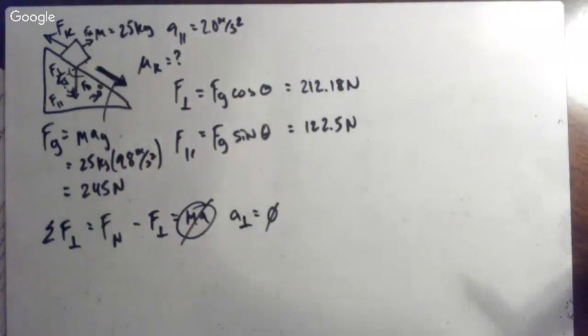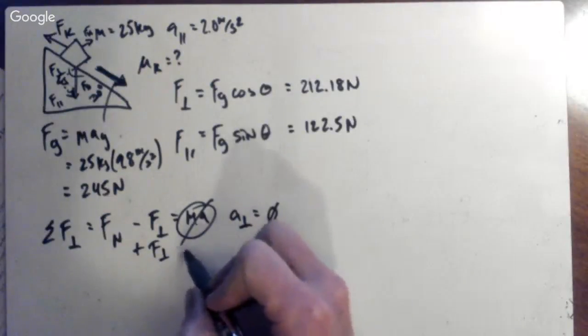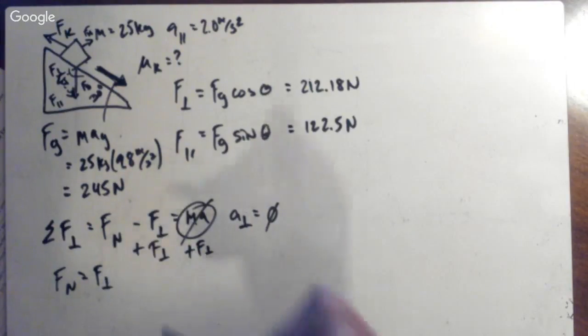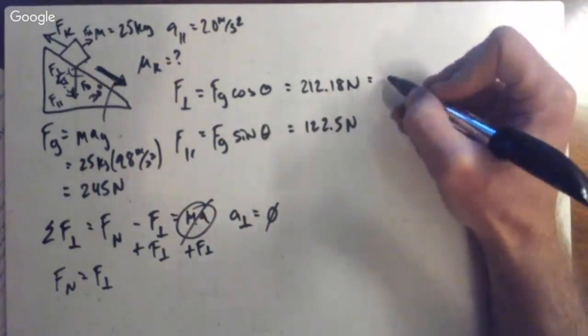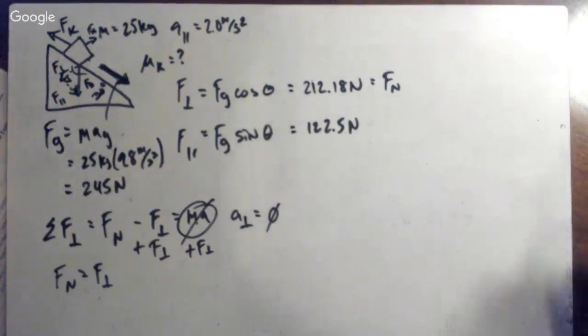That means m times a is also 0, and if I add F perpendicular to both sides, we find that Fn is equal to F perpendicular. Of course, their magnitudes are the same, they're in different directions, but we can write that in there.